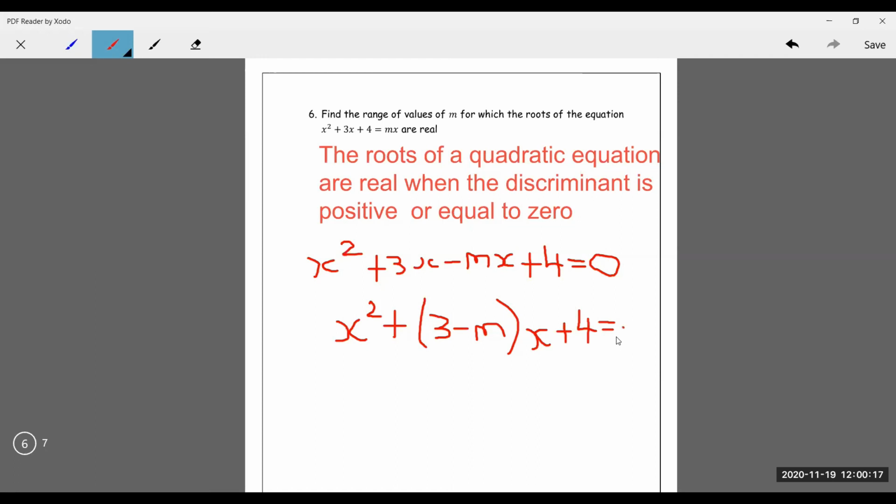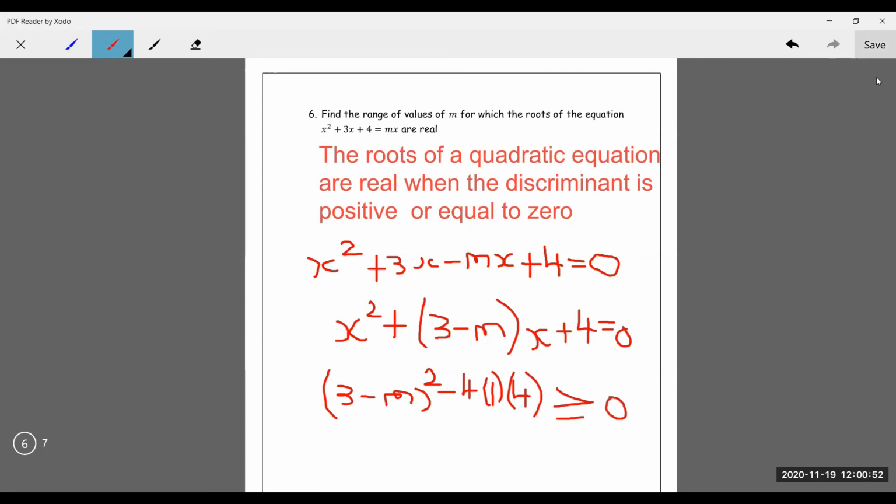Now, we want the roots to be real, and so it's real when the discriminant is greater than or equal to 0. So we're solving when (3 minus m) squared minus 4ac, which is 4 times 1 times 4, is greater than or equal to 0. You have to put the greater than or equal to 0.